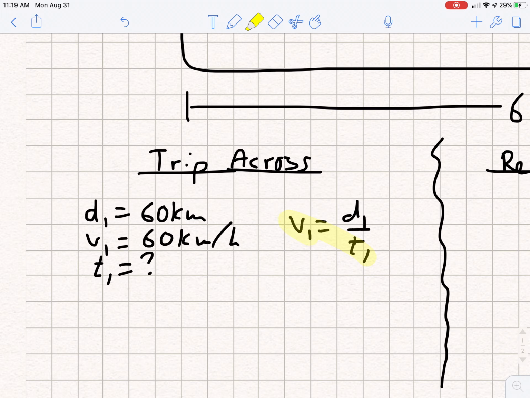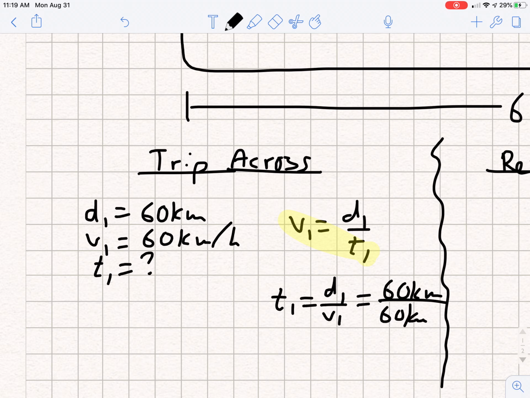Using the switcheroo, we can solve for T1, and T1 equals D1 over V1, which is 60 kilometers over 60 kilometers per hour. In other words, it takes 1 hour for boat A to get across.